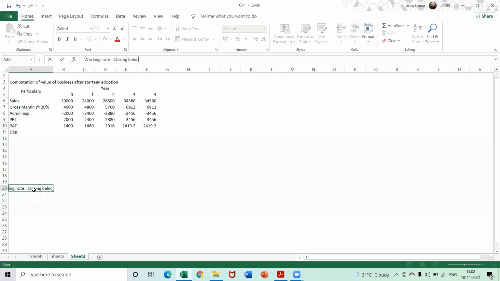Closing balances. Assets. Fixed. Current.